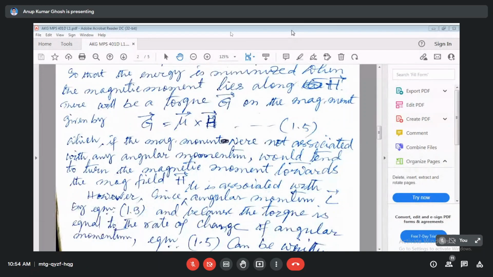Now, what is the importance of this torque?